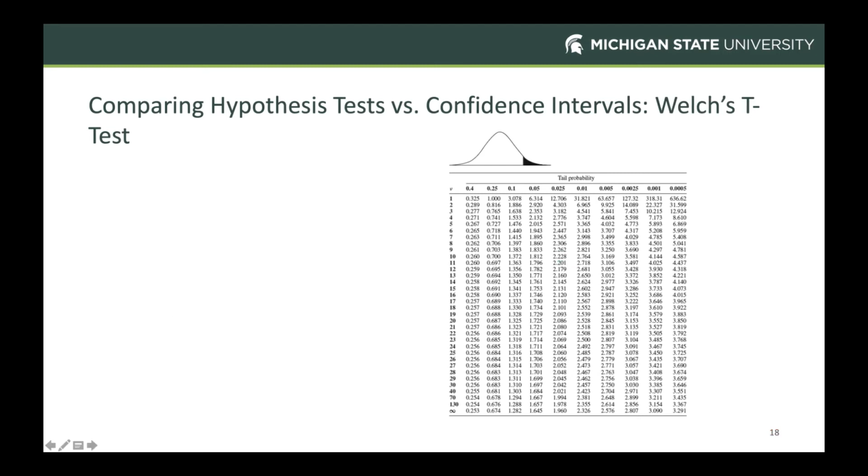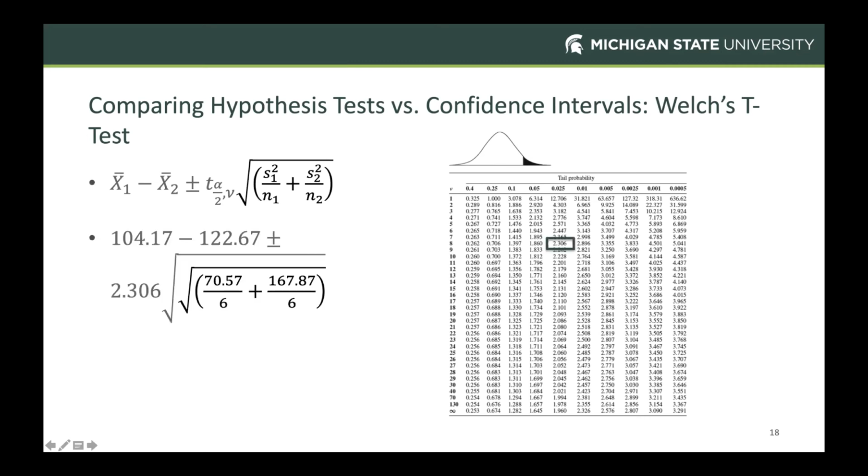We return to Welch's t, and just as we had done previously, we can plug in our sample data that were collected previously. I've talked through ad nauseum what these corresponding statistics represent in terms of the fatalities before and after the helmet law change.